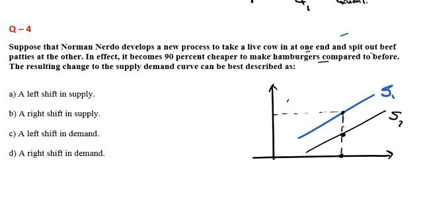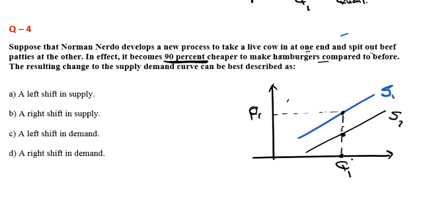So the cost is about 90% cheaper compared to before. If the same quantity, for instance Q1, costs us on S1, that's C1, or we can call it P1, price 1.